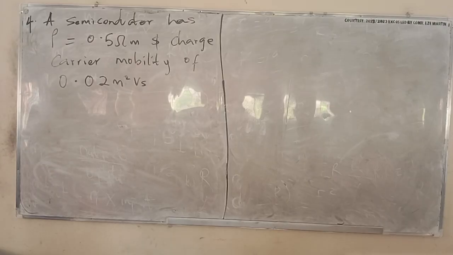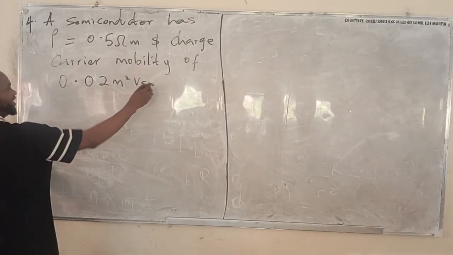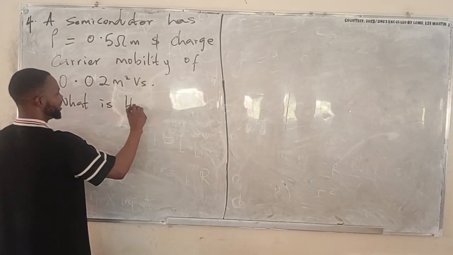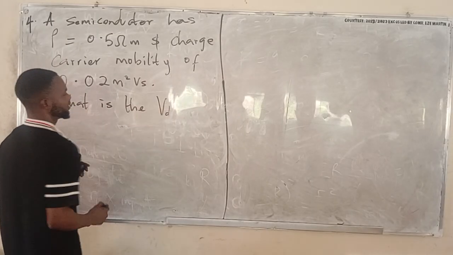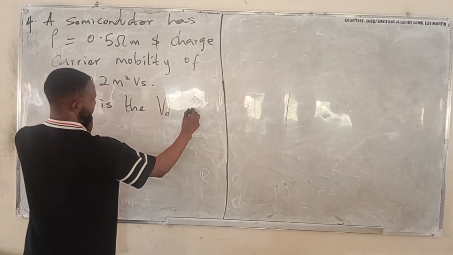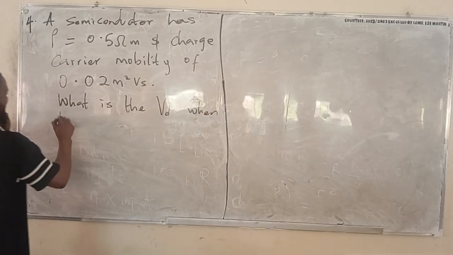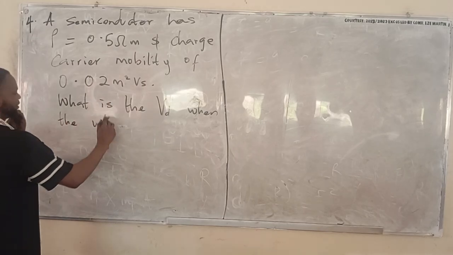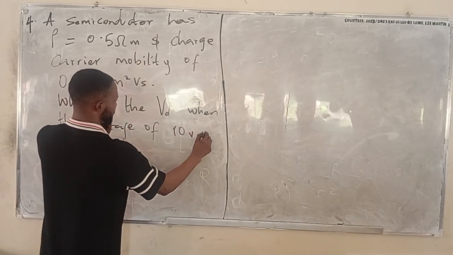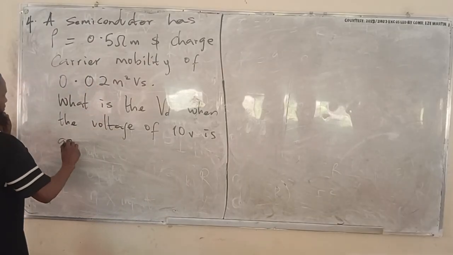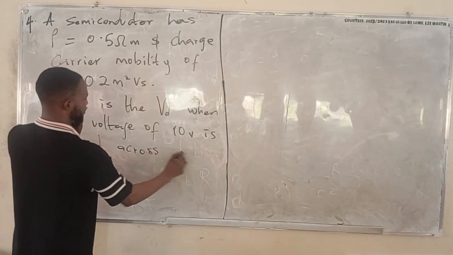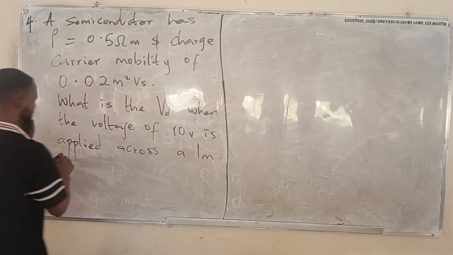Velocity of the charge carriers. What is the drift velocity of the charge carriers when a voltage of 10 volts is applied across a 1 meter length?